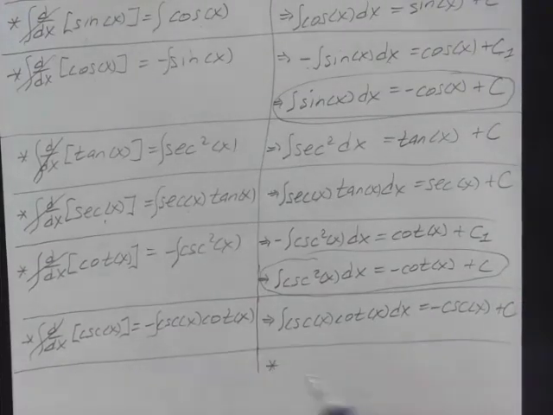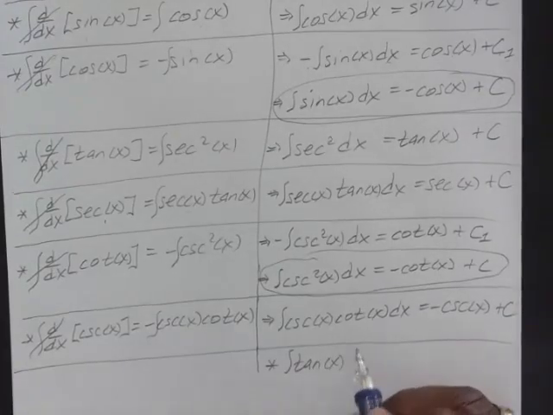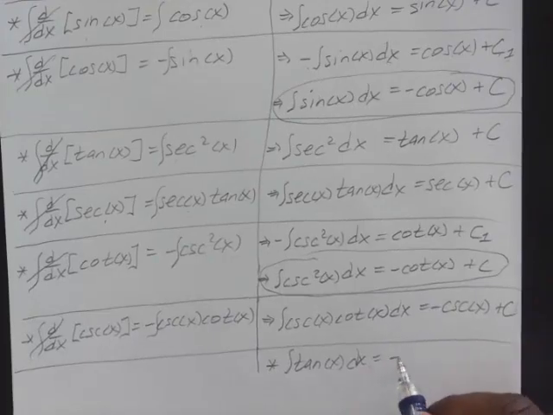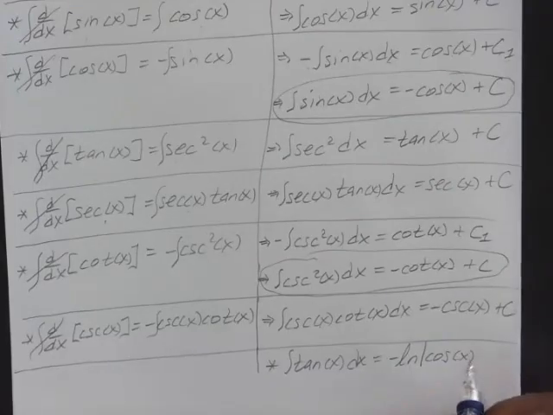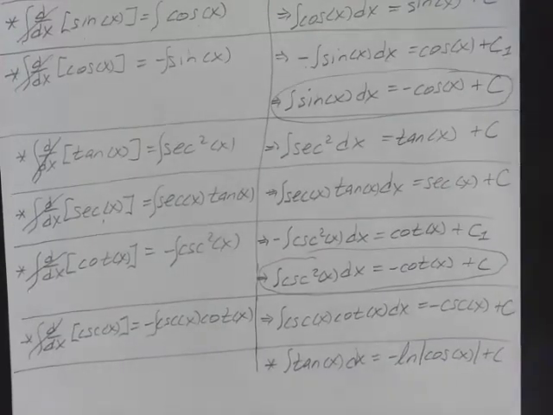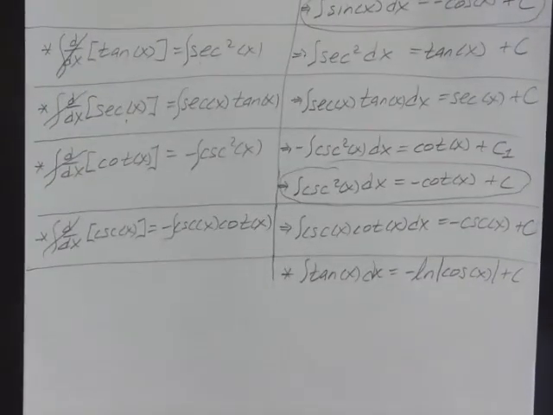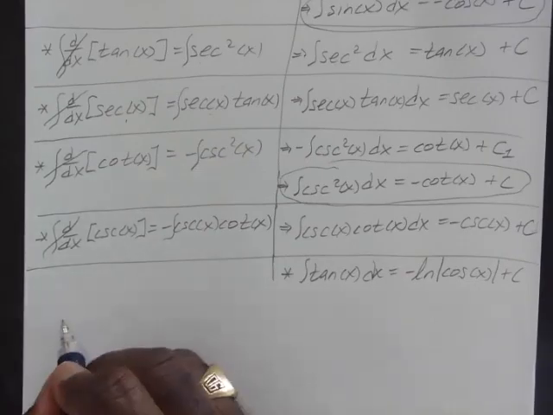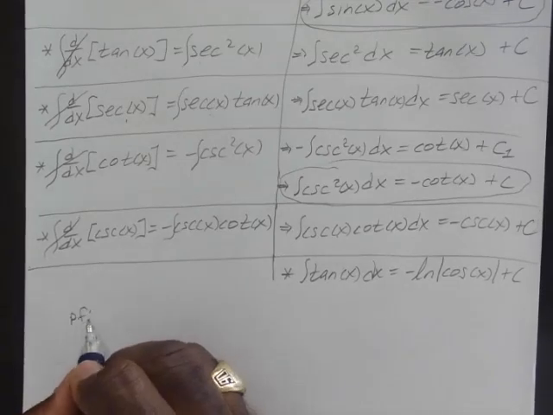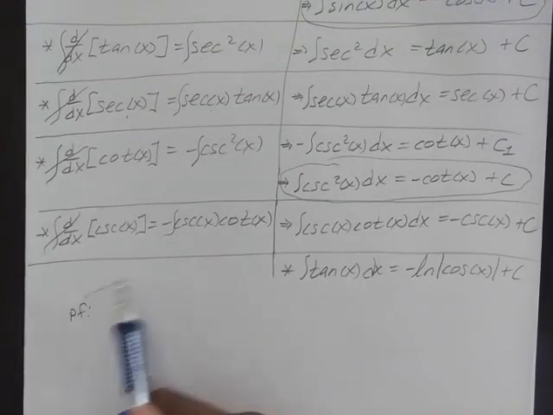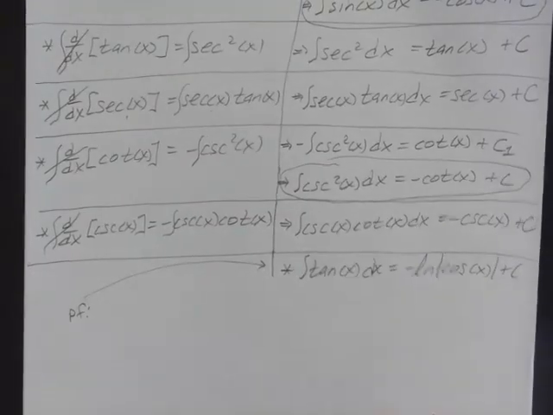Now here, the integral of just tangent of x with respect to x is equal to negative natural log of cosine of x plus c. And I'll show you the proof of that one in a second. Let you finish writing.